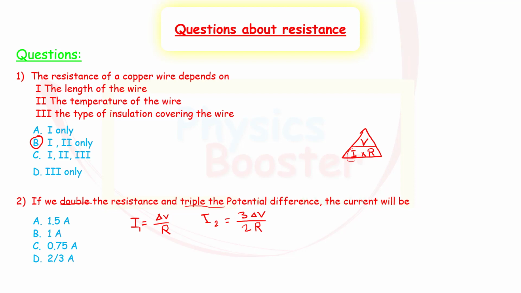So I2 will be 3 multiplied by the potential difference divided by 2 multiplied by the resistance. We know that delta V over R is equal to I1, which is the first case before doubling and tripling the resistance and potential difference. So we can say the following: I2 will be equal to 3 over 2 multiplied by I1. So if we compare I2 to I1, we see that it is 3 over 2 I1, which is equal to 1.5. So the answer is clearly A.